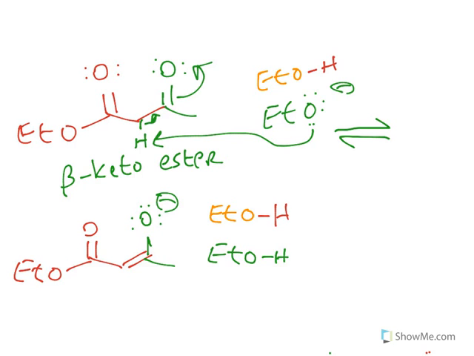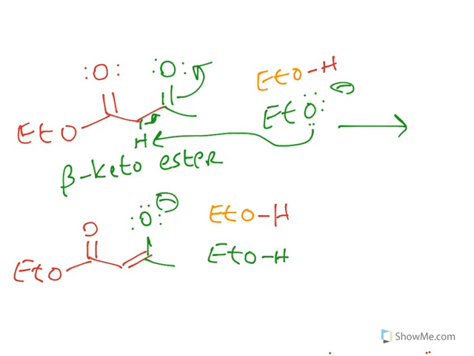And pardon me, this last step here is not reversible. It's irreversible. And the reason why is the severe difference in pKa values. Remember I said the pKa of the beta keto ester is somewhere around 11. And the pKa value of the ethanol is around 18. So we have a very large difference in pKa values.